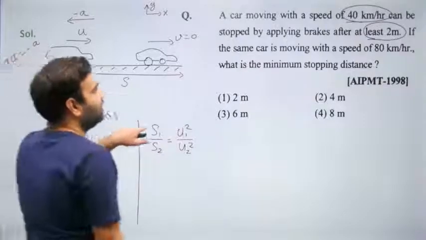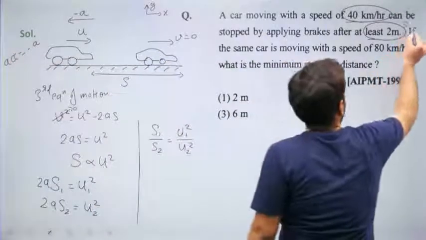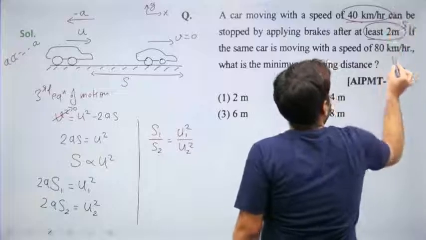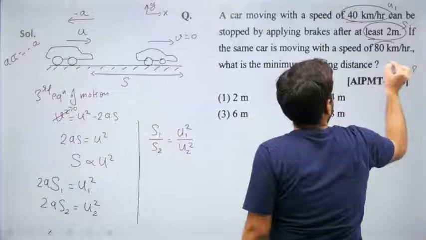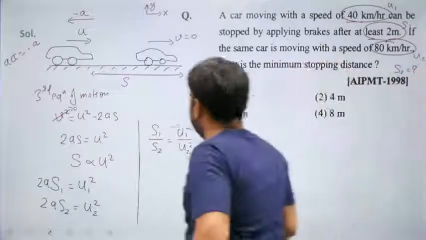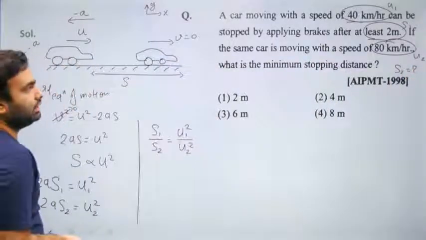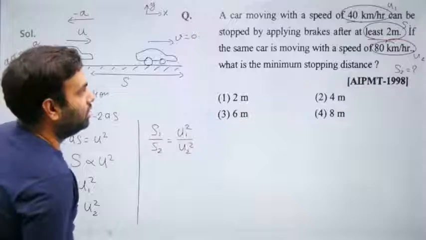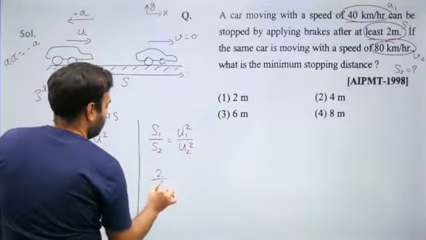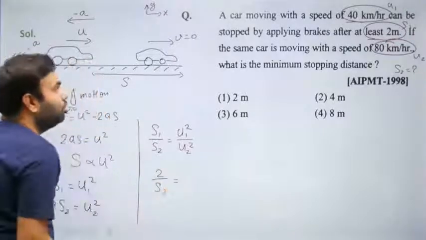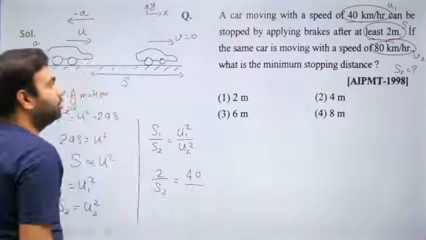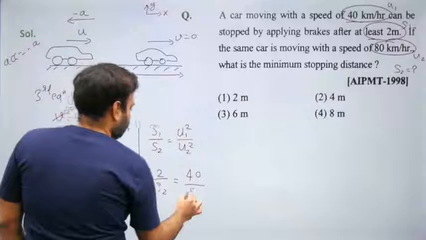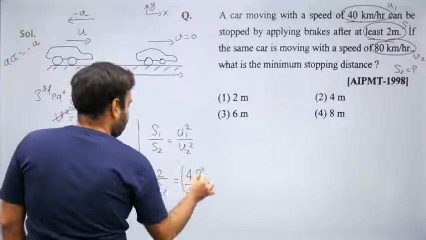Now S1 is given to you, and S2 you have to calculate. This is U1 and this is U2. S1 is 2 meter, S2 is unknown, U1 is 40 km per hour and U2 is 80 km per hour, and they are squared.